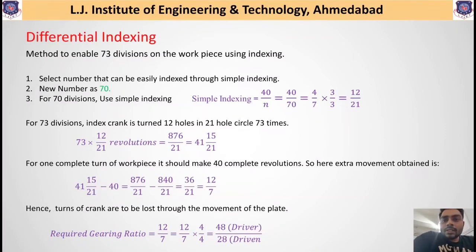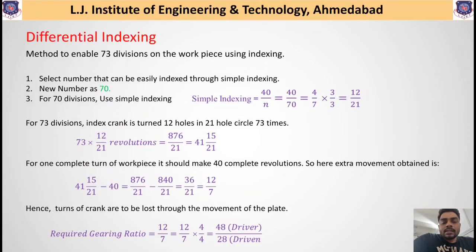And for that particular arrangement, as we have discussed in compound indexing, first select the indexing plate which has the given number of holes, and after that further provide the rotation. So the interpretation of 12 by 7 can be obtained from the simple compound indexing method, and the gearing ratio can be obtained from this extra movement that is obtained from this calculation.